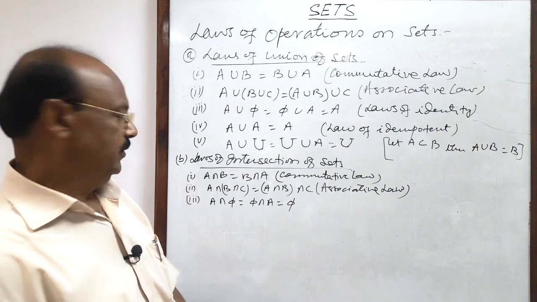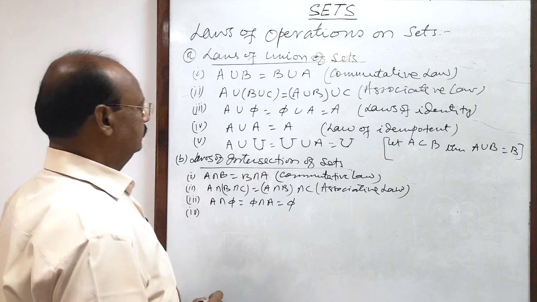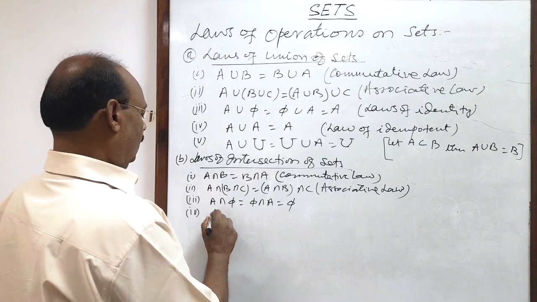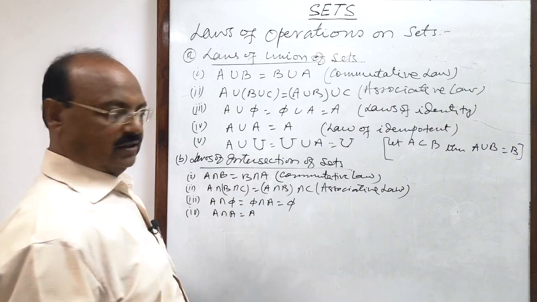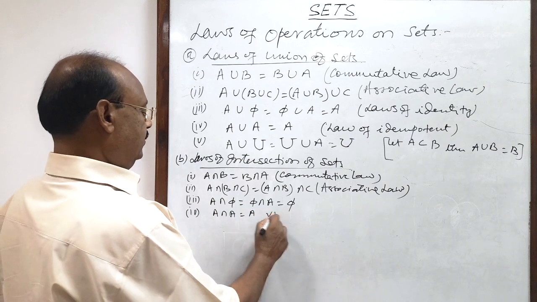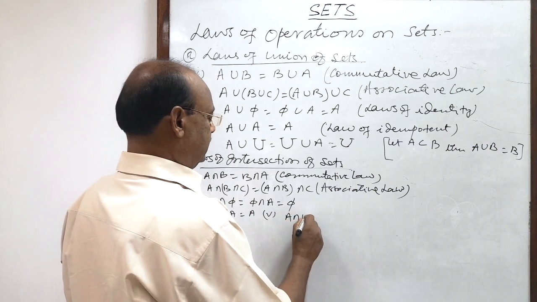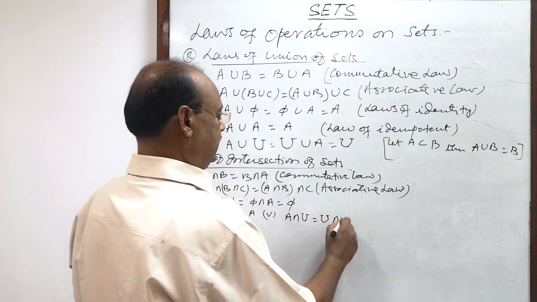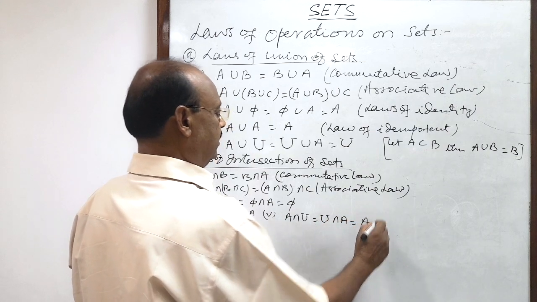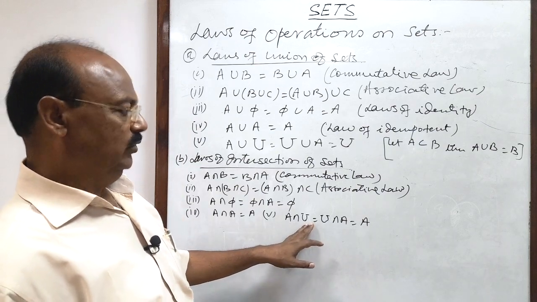That's why phi. Okay. And fourth, A intersection A itself is equal to A. And fifth, A intersection universal set is equal to universal set intersection A. This is equal to A, because A is a subset of the universal set.